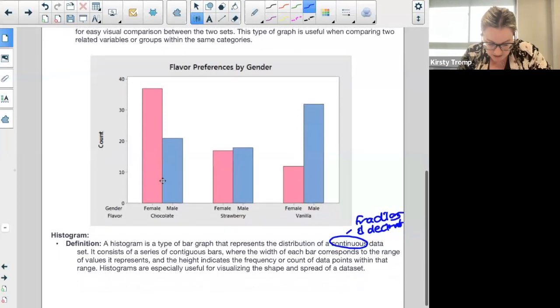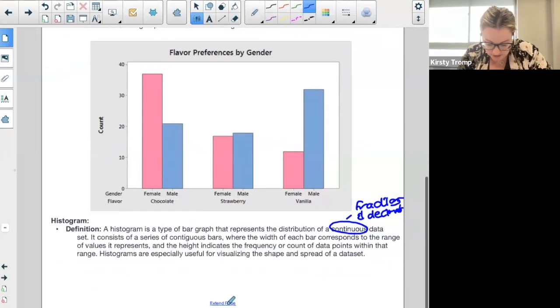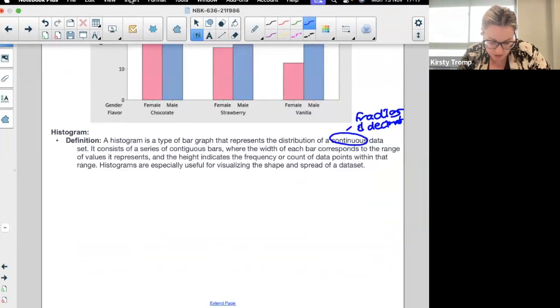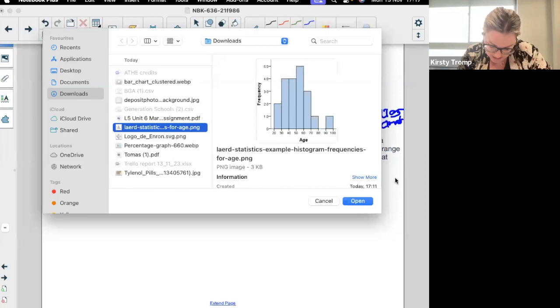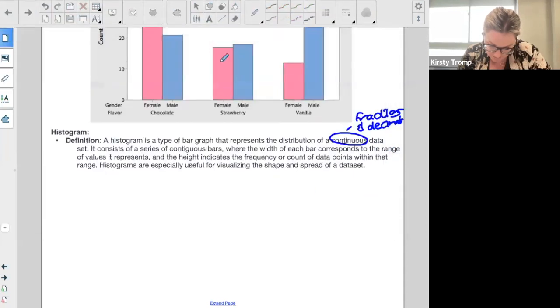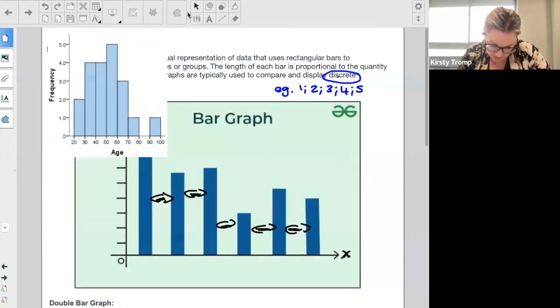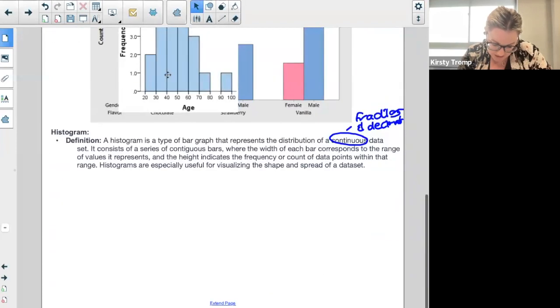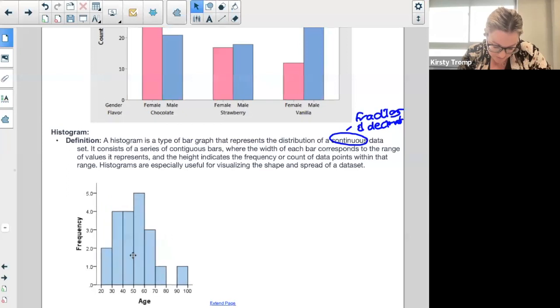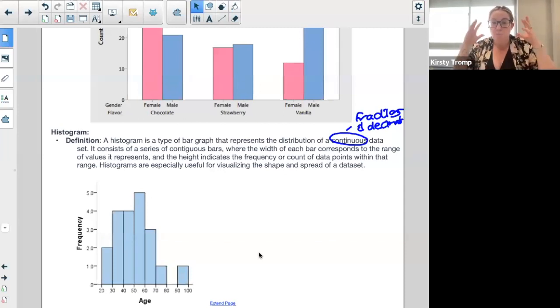Okay, I'm going to move this down a little bit so I can put what a histogram would look like for you. So let's insert a picture of a histogram for you guys. All right, I'm going to bring this down to our notes for us nicely. So we've got a histogram there. Can you see that in the histogram, do we have any spaces between the bars? So bar graph, what did we see? We had spaces.